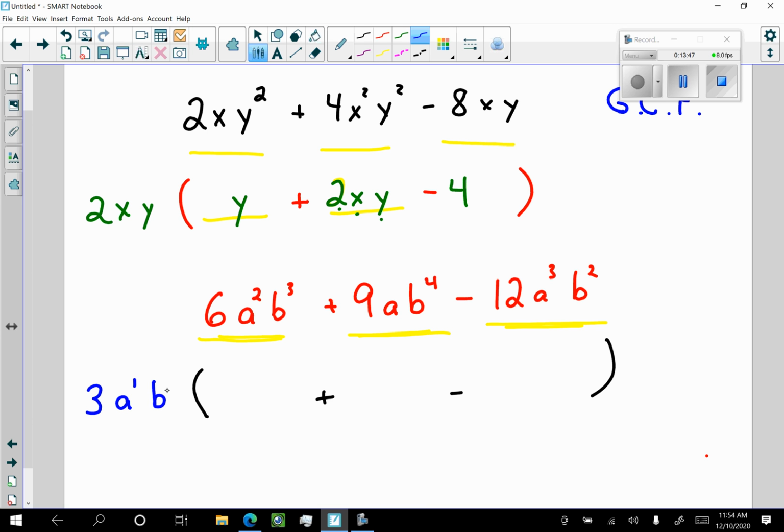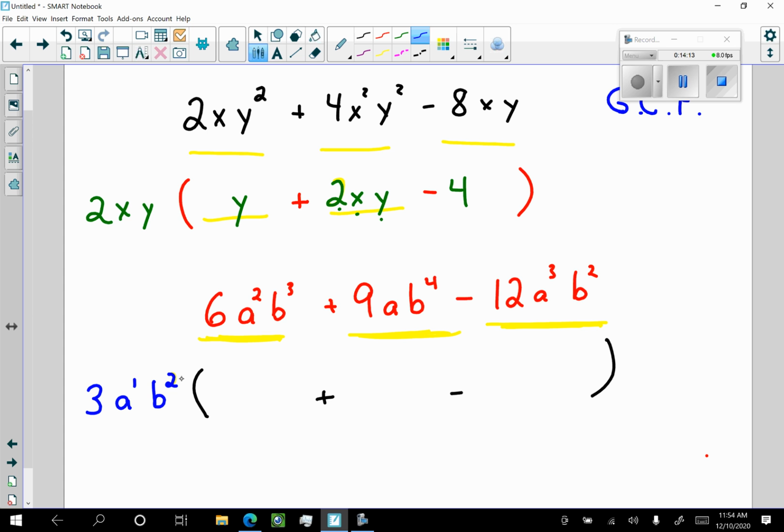I want the highest b common to all 3 terms: b cubed, b cubed, but this only has b squared. So b squared is my greatest common b.